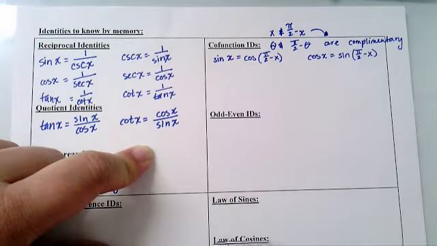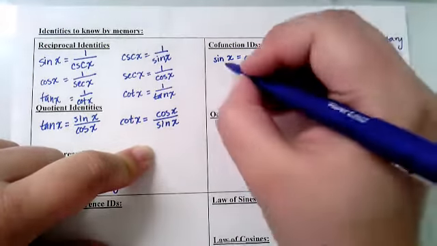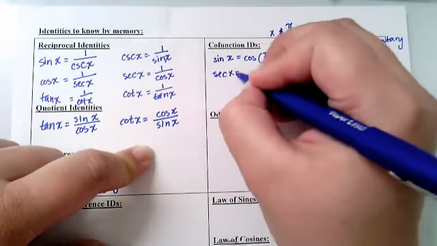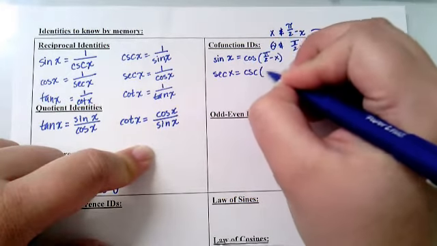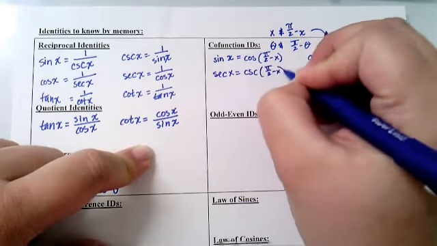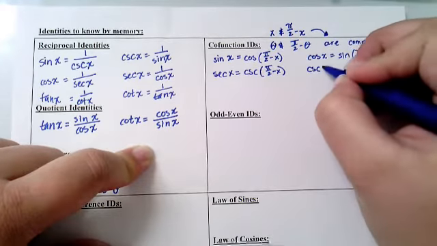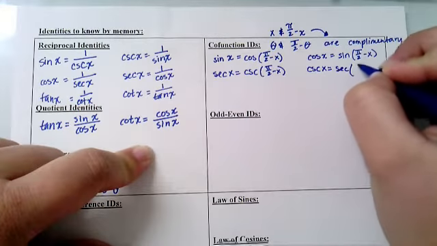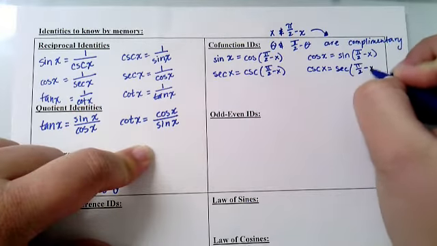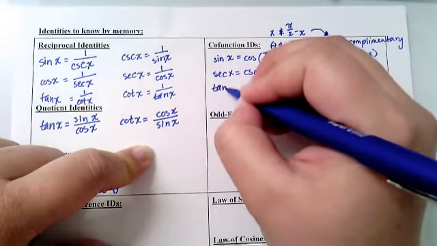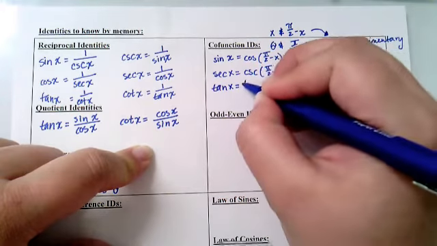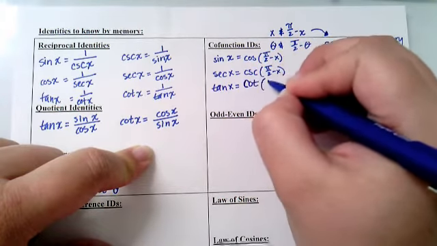We're going to do that for each of these. So we've got sine and cosine. We can do it for secant and cosecant, and tangent to cotangent. Oops, cotangent.